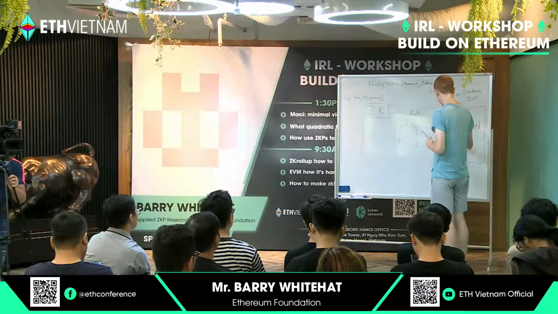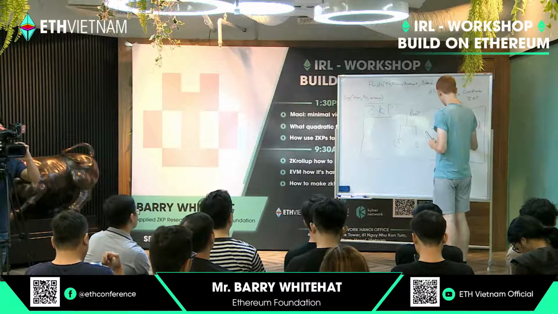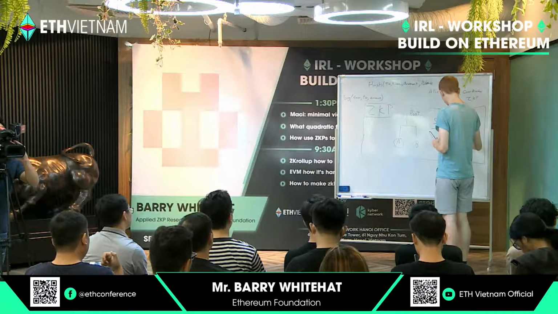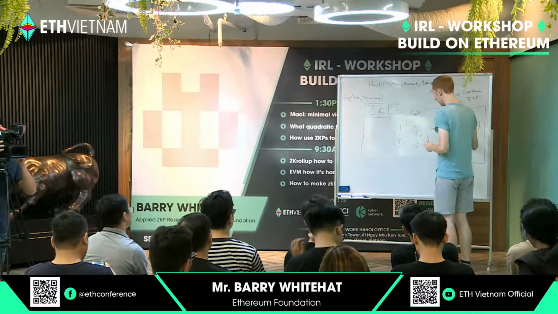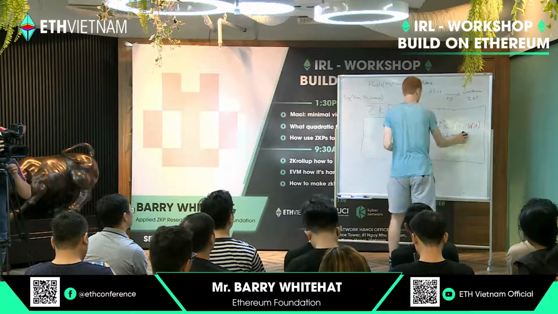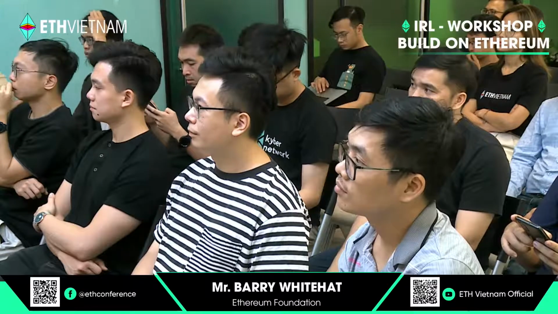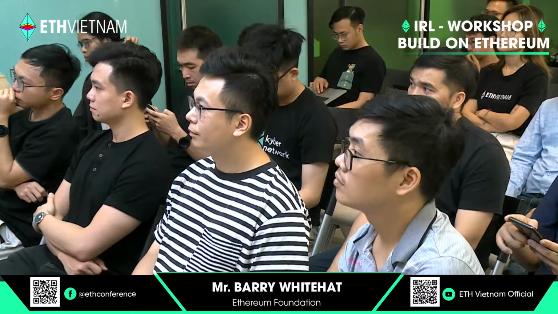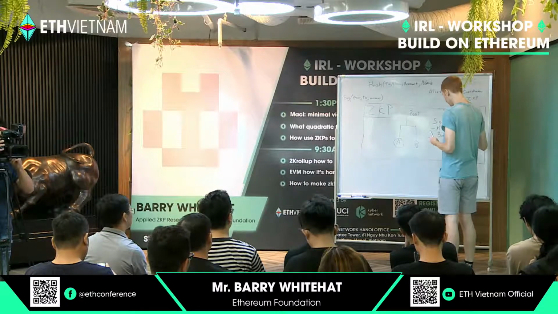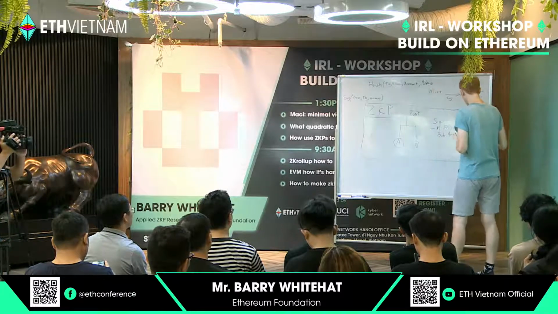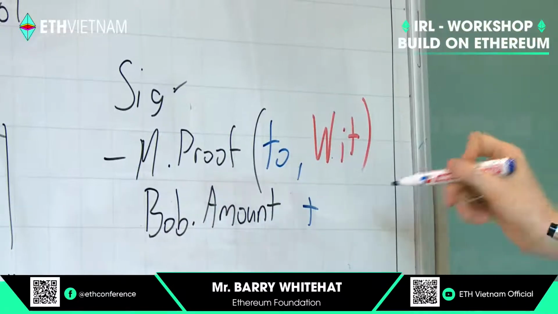So it's Bob.amount plus, wait, that should be in black if I'm still following the same plan. So it's Bob.amount plus, it's from the signature, it's amount, so it's blue.